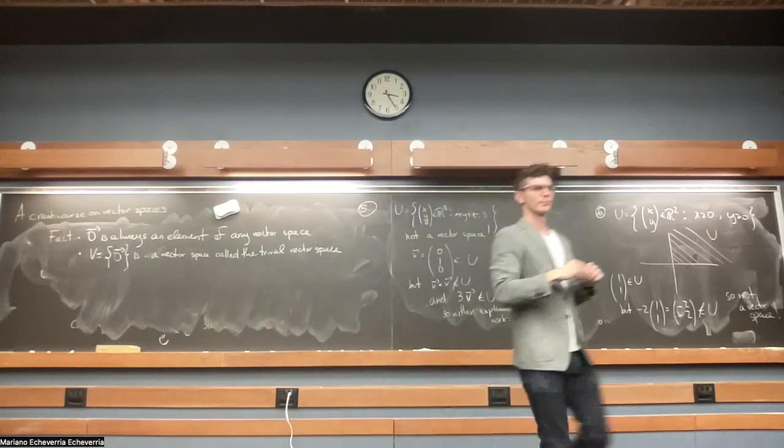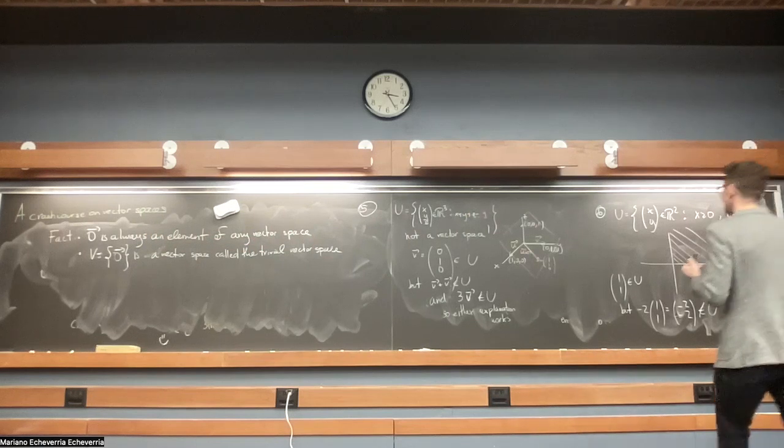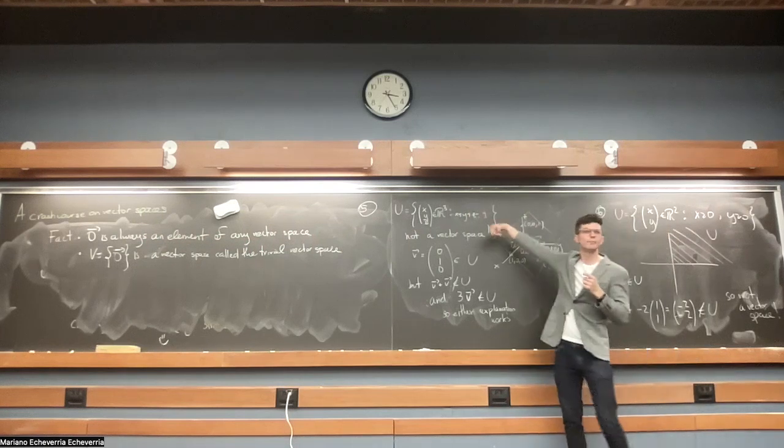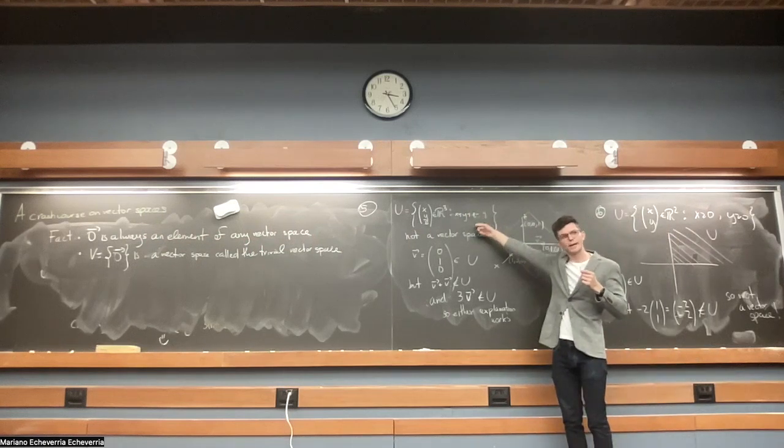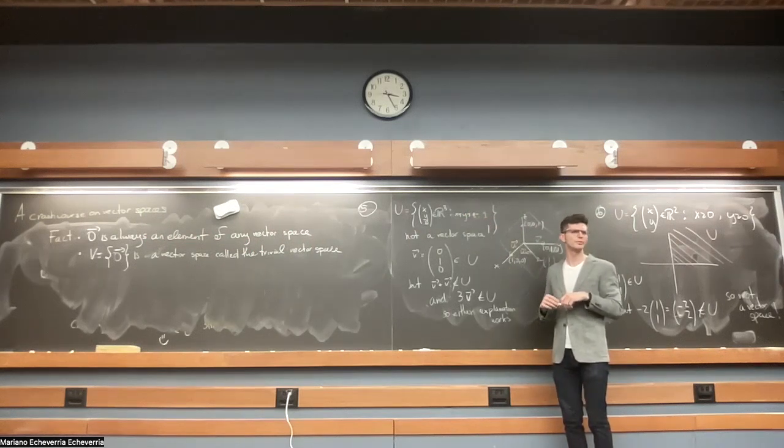Yeah. So then you could use that to say that if a set doesn't have 0, correct, then it's not a vector space. In this example, you could immediately say this is not a vector space because 0, 0, 0 is not here. That's a faster way to check that it was not a vector space.